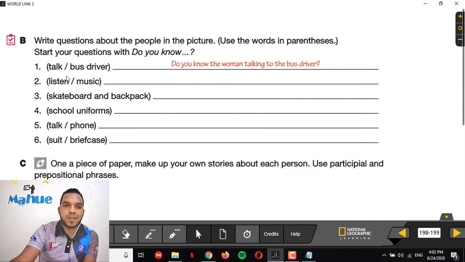You're going to use the words in parentheses, like the first one, which says talk and bus driver. Do you know the woman talking to the bus driver? So you can start your questions with "Do you know" all the time, okay? Remember, you can use the preposition or the participle using -ing.